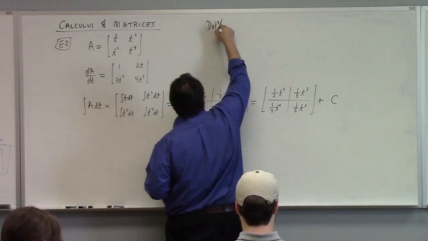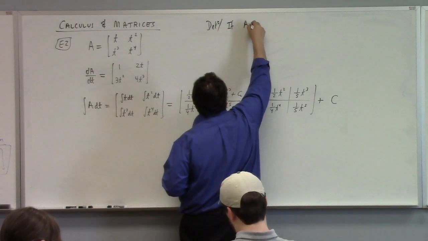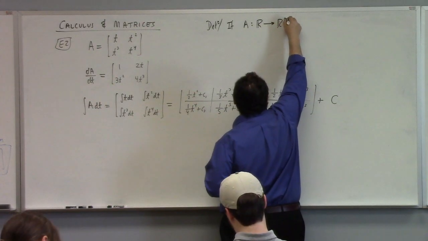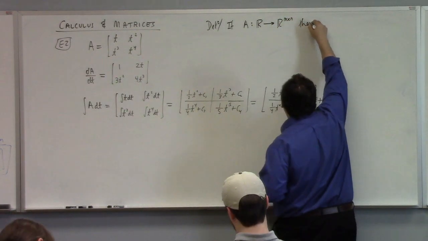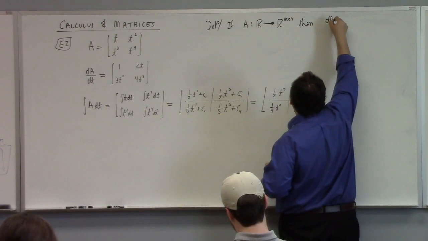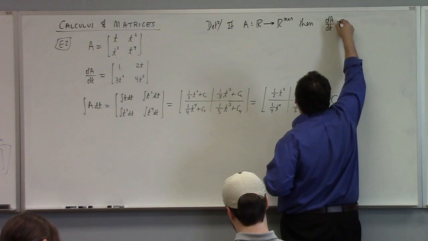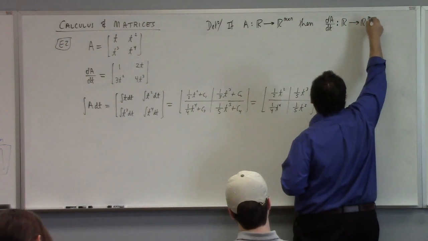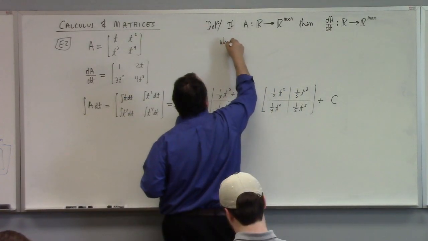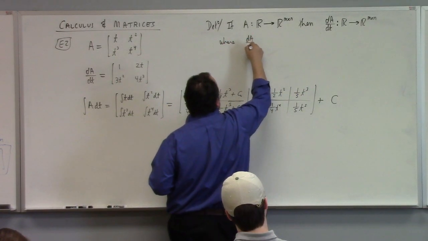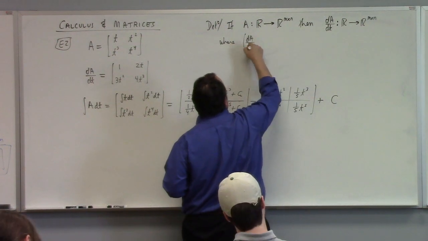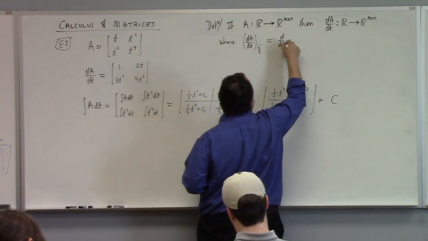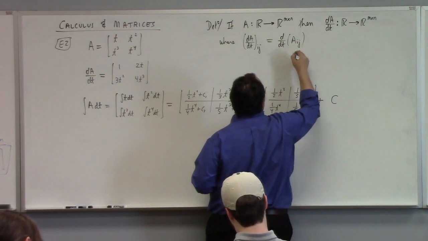Definition: if A is a mapping, let's say, from the reals to R m by n, then dA/dt is likewise a mapping from the reals to R m by n, where (dA/dt)ij is simply equal to d/dt of aij. Okay, it's kind of dumb, but there it is.